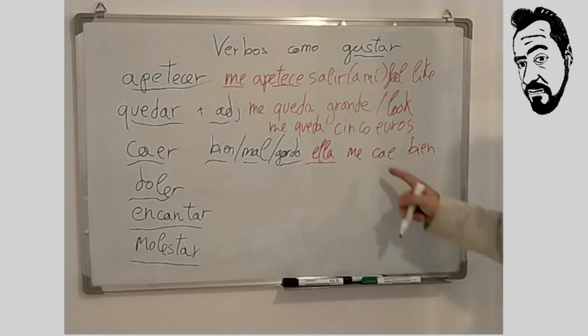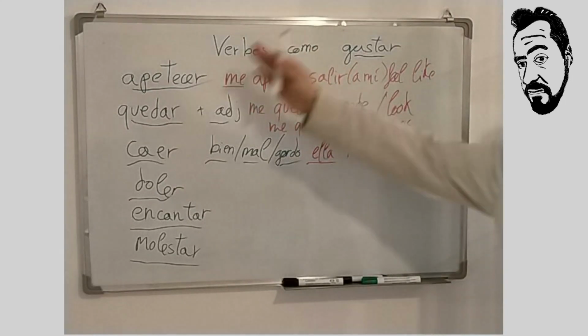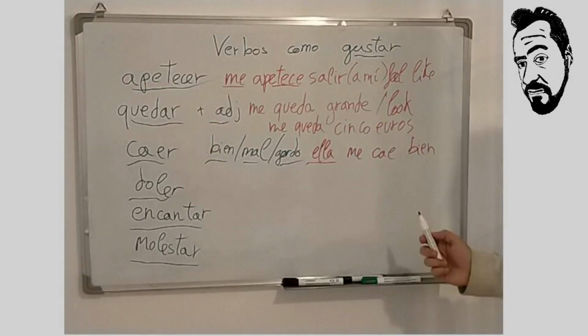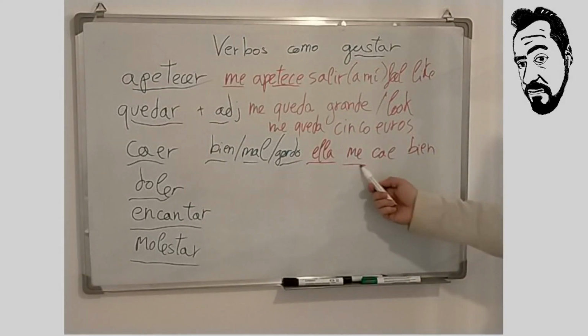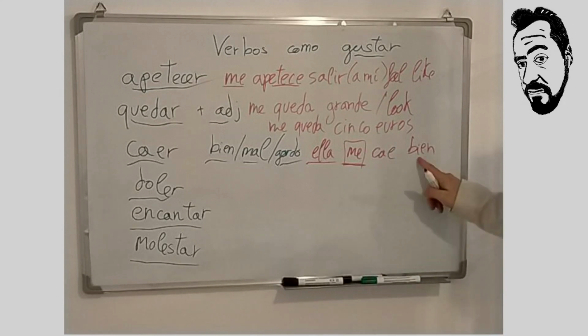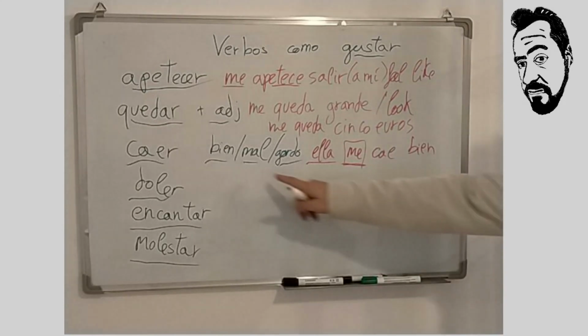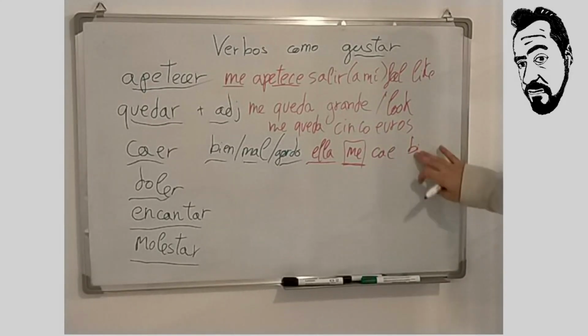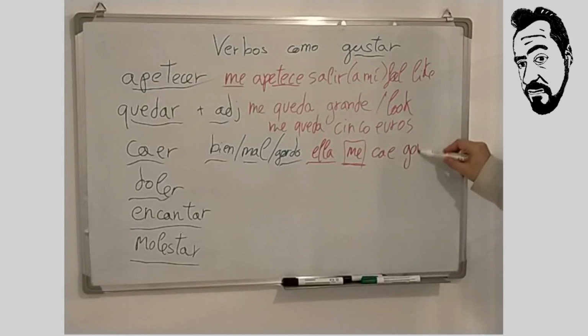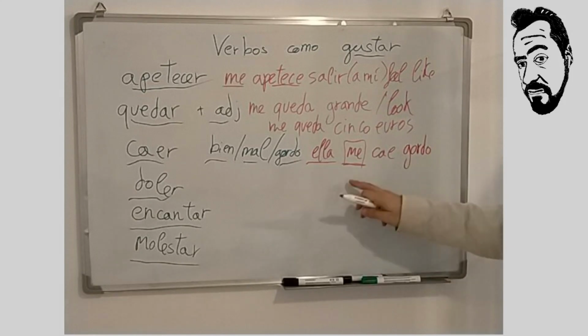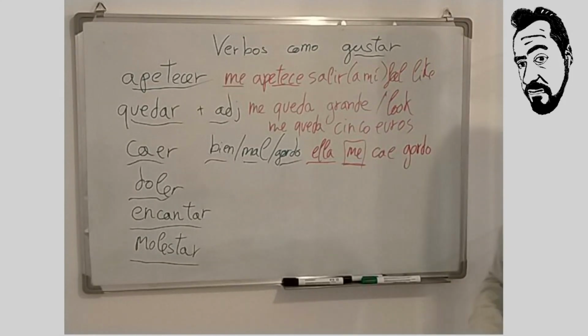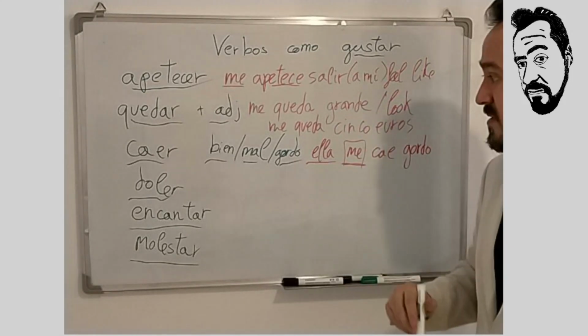In Spanish, with these verbs, it's kind of backwards. So the person that is having that feeling is me here, okay? If you change the adjective, if you say, for example, gordo, that's the opposite. It means I can't stand her. Yeah, I can't put up with her.